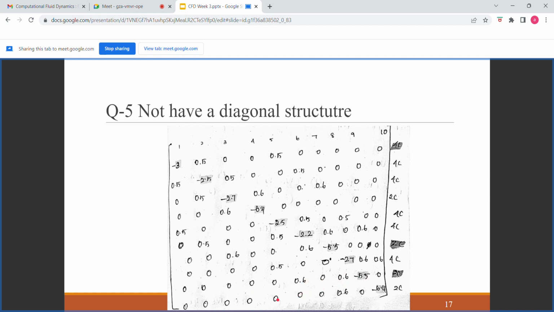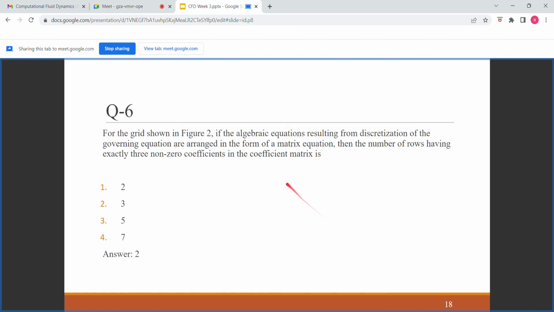In row 10 we get 0.6 and -6.4, that is 2, less than 3. So the rows having exactly 3 non-zero coefficients are the first, seventh and ninth rows. So it is 3 rows, and the answer to this question is 3.